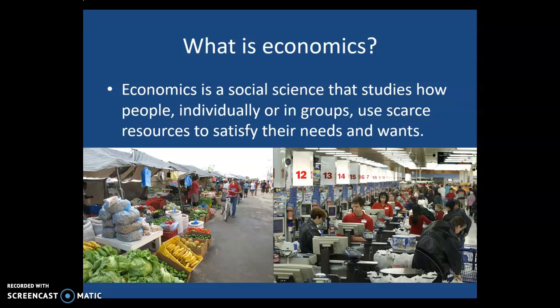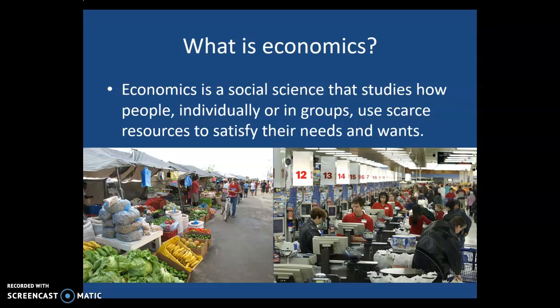They both are satisfying the same needs, but they do it in a different way. And I believe you would find that Meyer satisfies probably more wants than the marketplace in Belize does, but they both satisfy needs. So they're accomplishing the same thing, but in different ways. And economics will study how these two different institutions are accomplishing their goal.